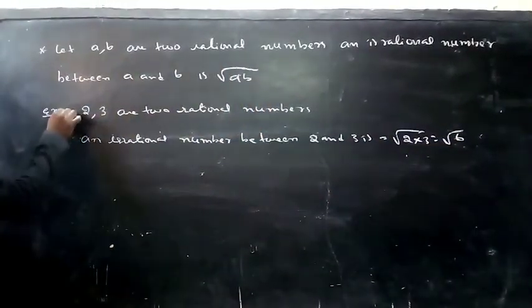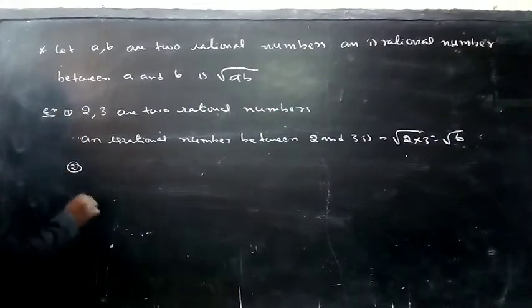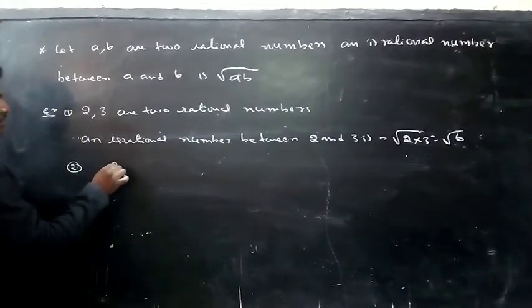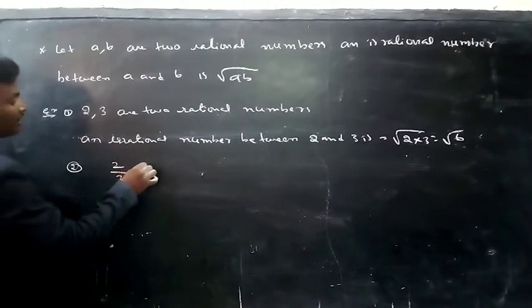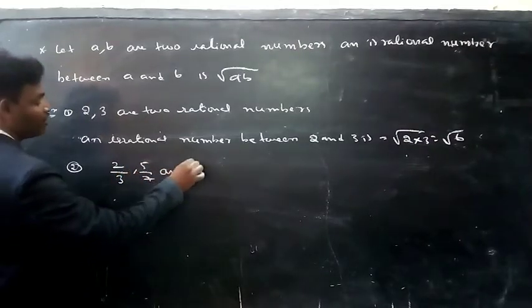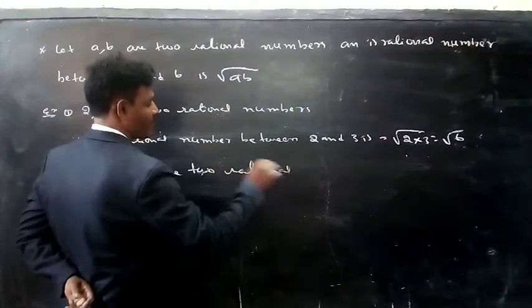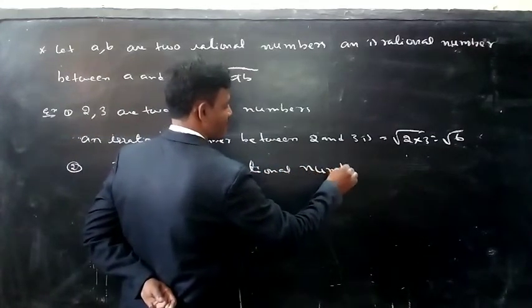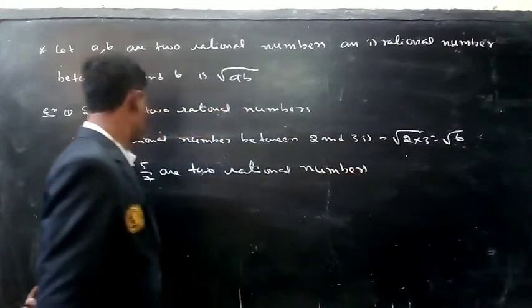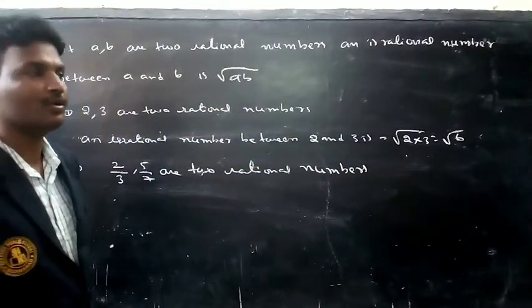Next example. Here 2 by 3 comma 5 by 7 are two rational numbers.